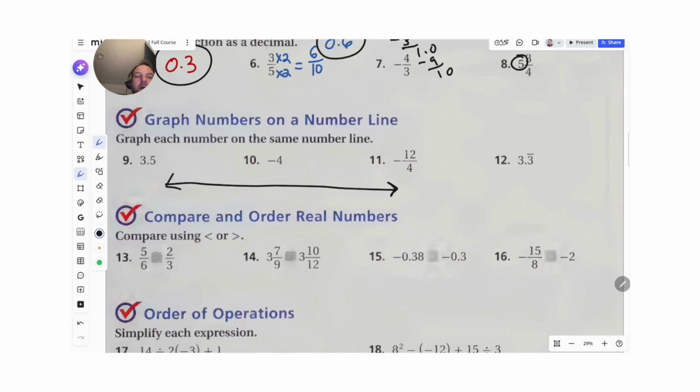We know we go all the way to -3 or -4. That is our lowest value there. And then our highest value is 3.5. So 3.5 is between 3 and 4, so we should put it there between 3 and 4.